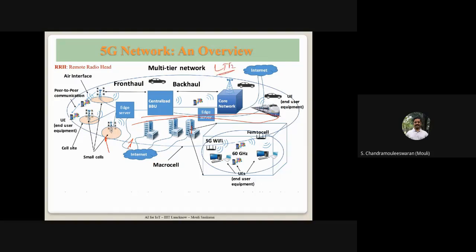LTE and 5G work hand in hand, and even 2G, 3G and Wi-Fi work with it. The advantage is they mix different wireless technologies to achieve the data rate and latency requirements that 5G promises to deliver. Please remember, 5G promises to deliver that service requirement.